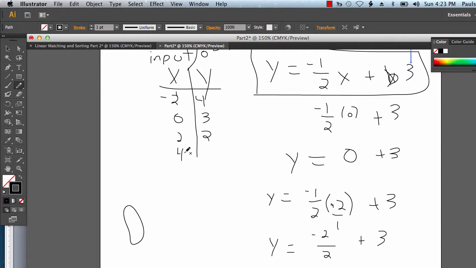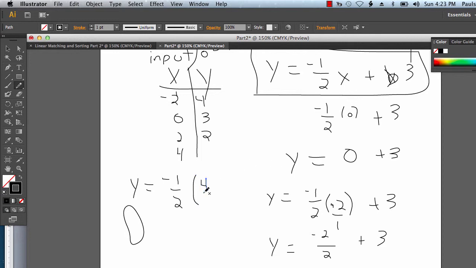When we plug in x equals 4, and let me just show you again, we'll refresh completely. Negative 1/2, and we're going to plug in the x value of 4.